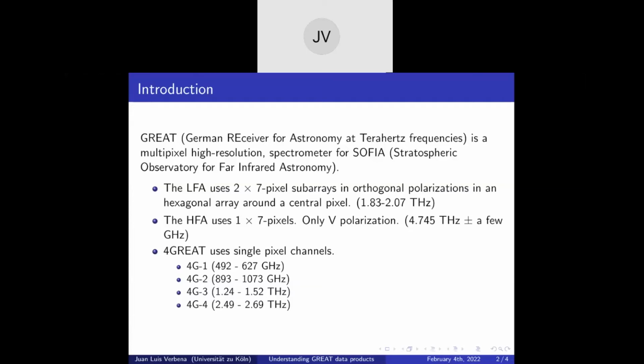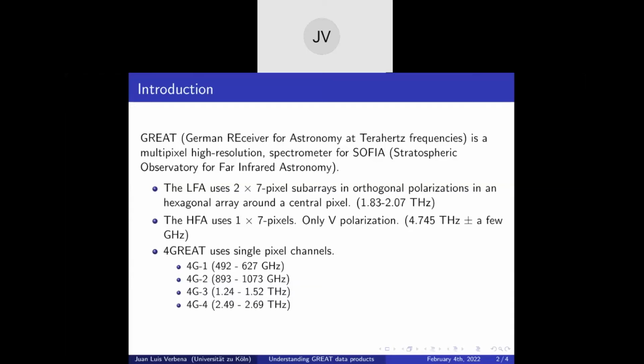So in total, we would have 14 pixels. For the high-frequency array, we only have 1 polarization, so 7 pixels, and we also have 4GREAT, which uses single pixel channels, and the frequency ranges are the ones that are seen here.